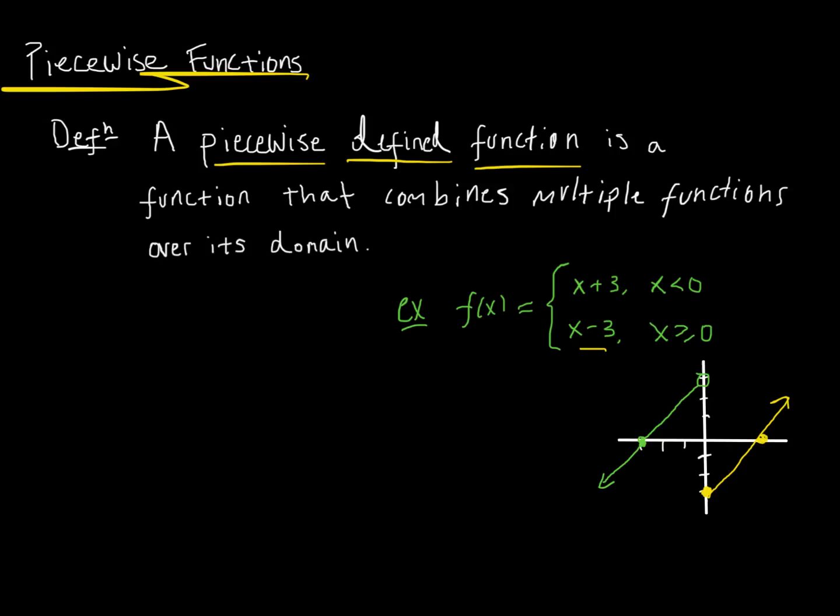I go back to my definition of continuity. You might want to do that now. And for a function to be continuous, we need the limit as x approaches that x value, in this case 0, to be equal to the function at that x value. Okay?